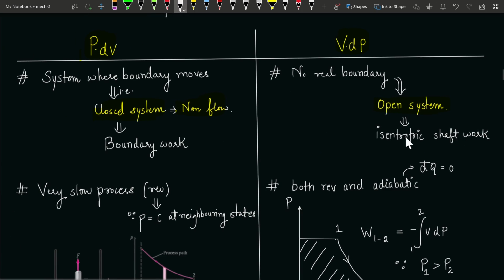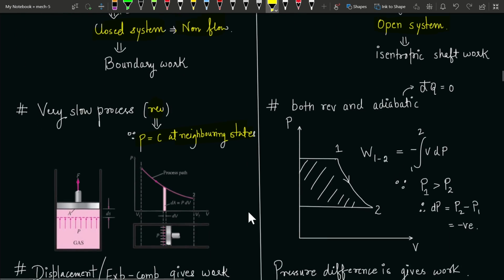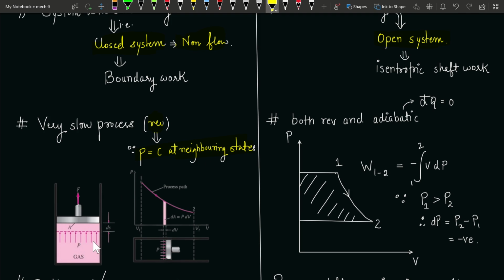The next difference we can see is on the basis of process. Now the process in PDV work is reversible. And why is it reversible? It is reversible because the pressure is constant at neighboring states. You can see here, this is the piston we have, and there are molecules or particles of the gas that are applying pressure to the piston of the piston cylinder.